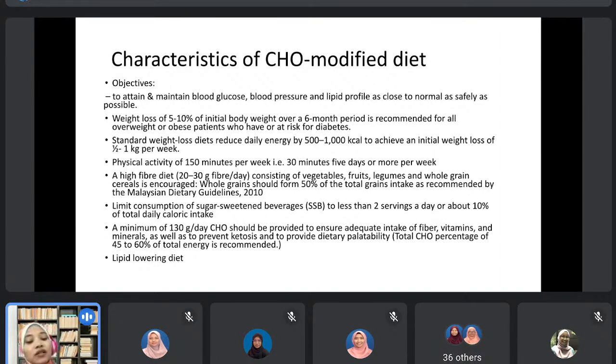Okay, and then to limit the consumption of SSB less than 2 servings a day, or about 10% of the total daily calorie intake. Okay, so this sugar sweetened beverages also bersamaan juga dengan sucrose, iaitu penggunaan gula lah.